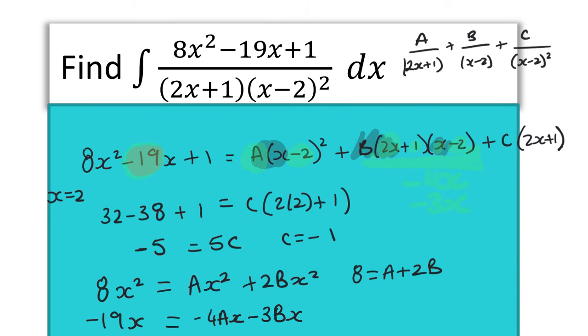If you want to expand this long ways to see if this is correct, you can. Can you see how I'm only multiplying? I know that I just need to multiply 2x times minus 2 and 1 times x, and then that's my coefficient of x for that one. Then lastly, I'm going to get c times 2x. So plus 2cx, okay?